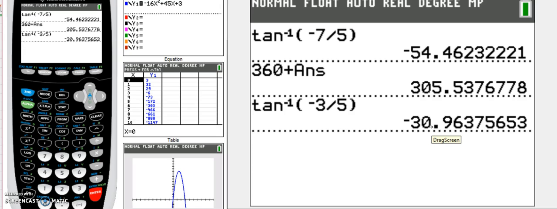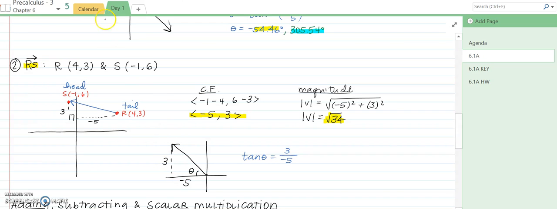Think about why that makes sense. Inverse trig is restricted for tangent to quadrant 1 and 4. If I want a negative value, of course it's giving you an angle in quadrant 4. But quadrant 4, remember, it's just the reference angle with a negative slapped in front. So I want a 30.96 reference angle, so I can use that value I just found. That's my reference angle in quadrant 2.